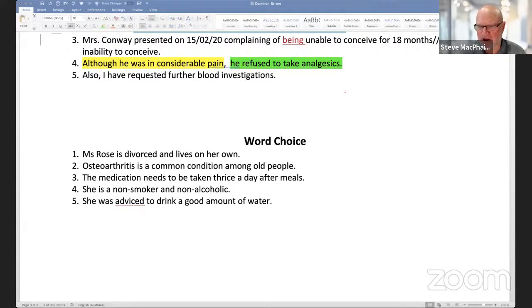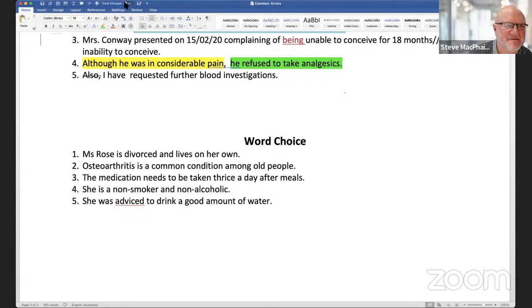No, not so much a comma error there. Oh, Jelly Rose got it. Well done. Yes, after "I have." So after the auxiliary verb "have," I have also requested, but before the main action verb "request," I've also requested further blood investigations. So you have to know where to put "also," after the auxiliary verb, before the main verb. "Also" is a great word when you're adding extra information, but don't use it to start a sentence.